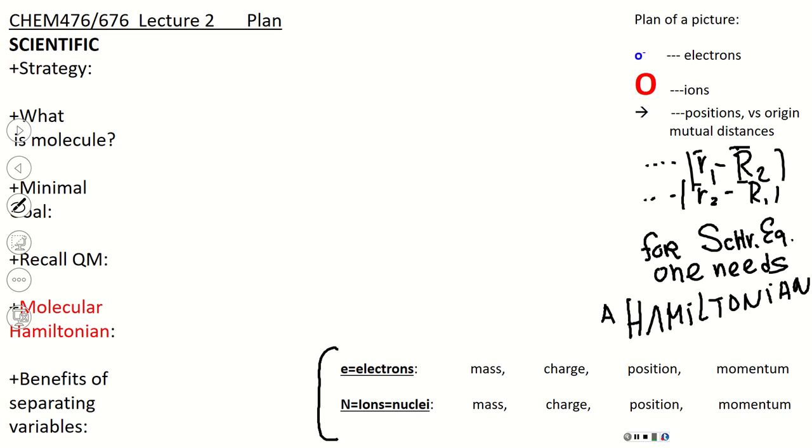So we are trying to answer the question, what is a molecule? Our goal is to quantify, to convert from structure to properties. And we agree the molecule is a collection of positive nuclei and negative electrons.